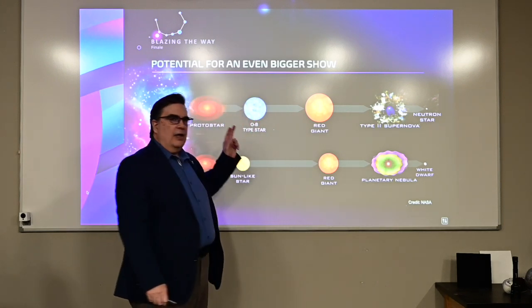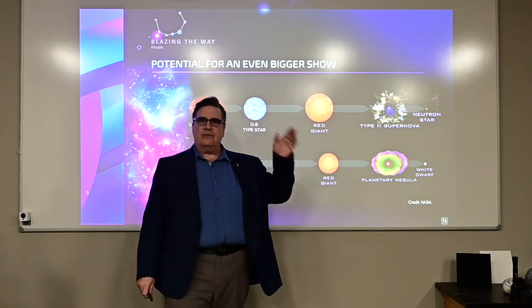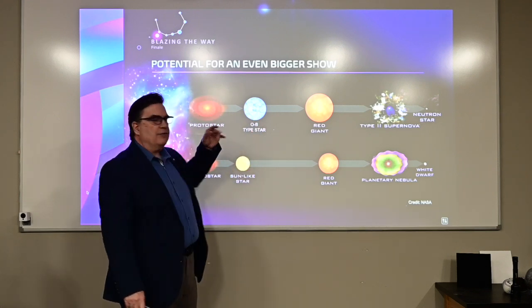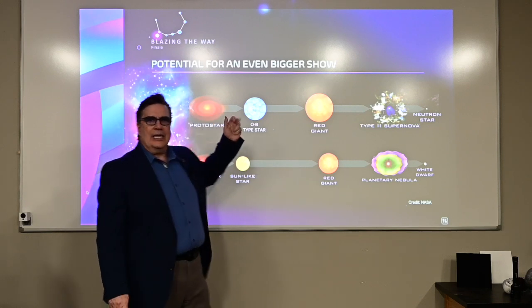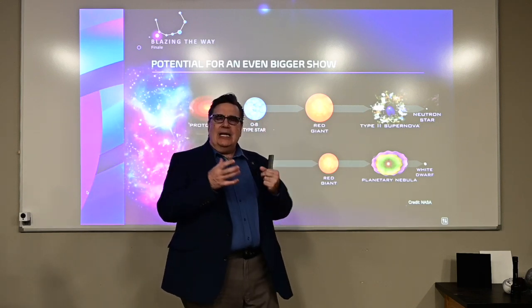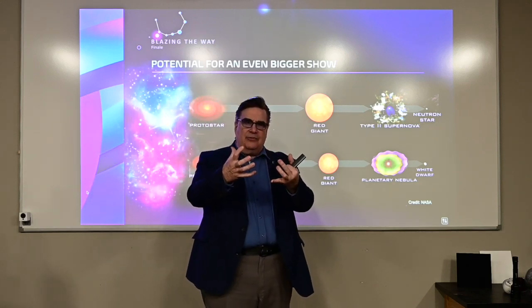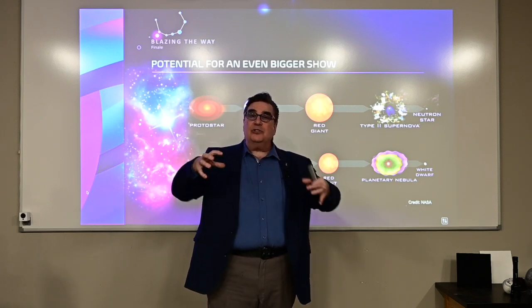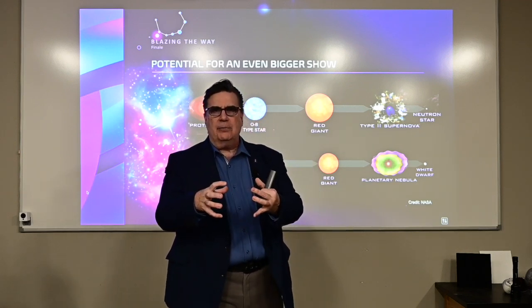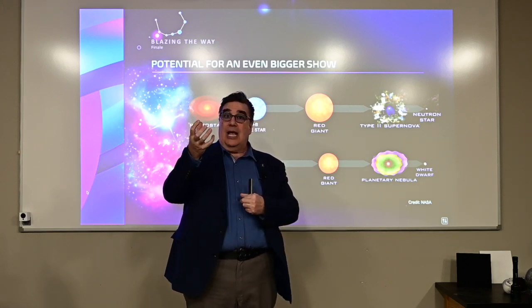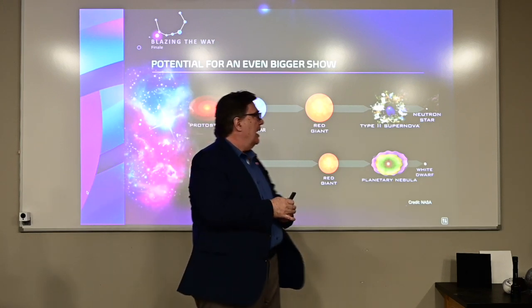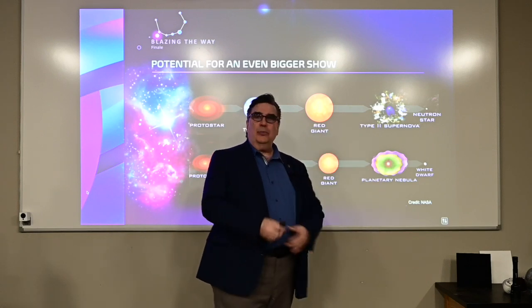Larger stars have some similarities, but some differences. Here we have a very bright blue OB type star going into a red giant. But here that star is massive enough that it's able to fuse even heavier elements. And it fuses those heavier elements up until the point of iron. That star goes supernova.